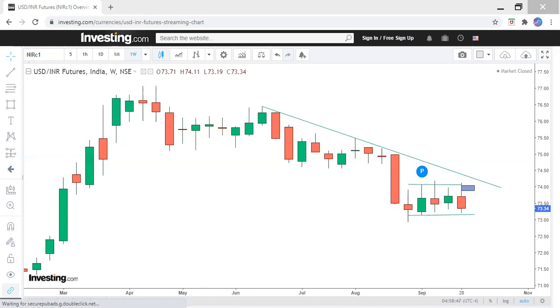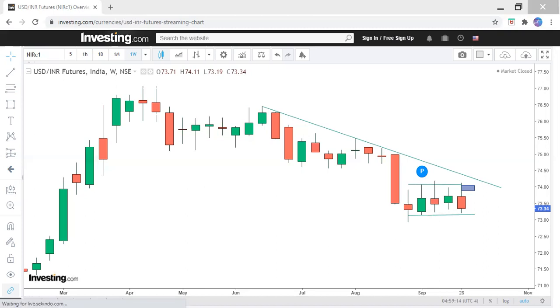So I assume that 72 call writers have rolled over their total position to the next month, and they assume that sooner or later it will come to the 72 levels. If that happens, 72 is not far for USD INR if 73 is tagged.